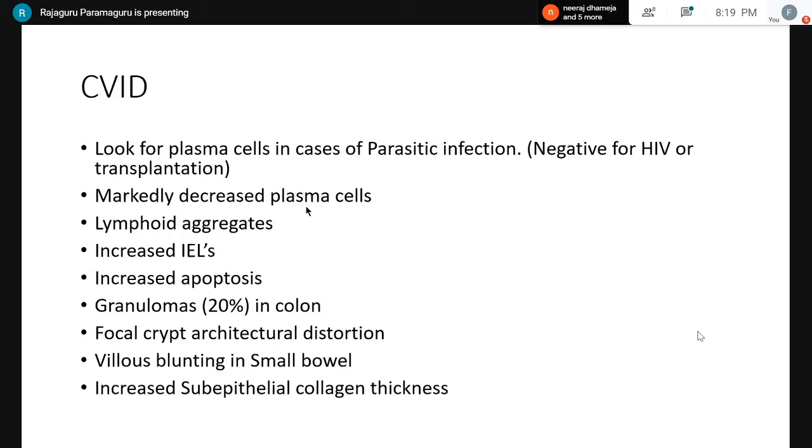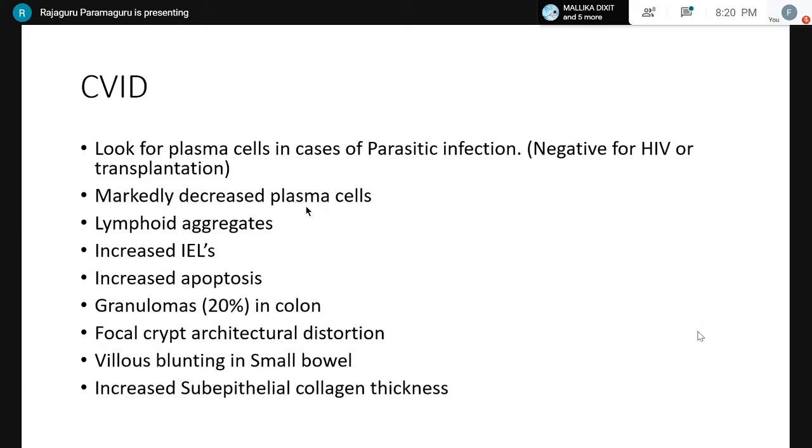In a case of parasitic infection where the history is not suggestive of infestation, if the patient is negative for HIV and is not a transplant recipient, you can consider the diagnosis of CVID and advise the clinician to do a serological study, because around 30% of these patients can show a normal amount of plasma cells in the colon or in the small bowel.